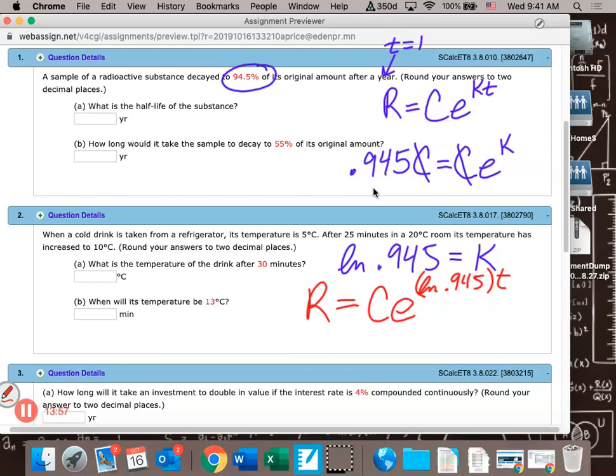If we started with C, what are we ending with now? Half of C, right? So the information in the problem is so that you can set up your model, and then you go to the actual first question and say, all right, I want to end with half of C, so half C equals C e to the ln 0.945 t.